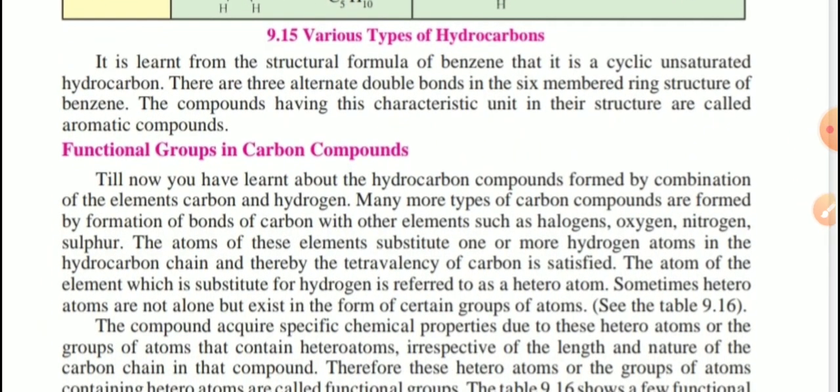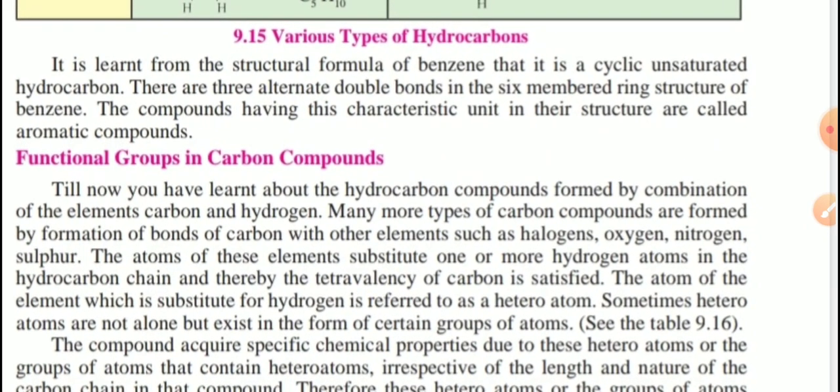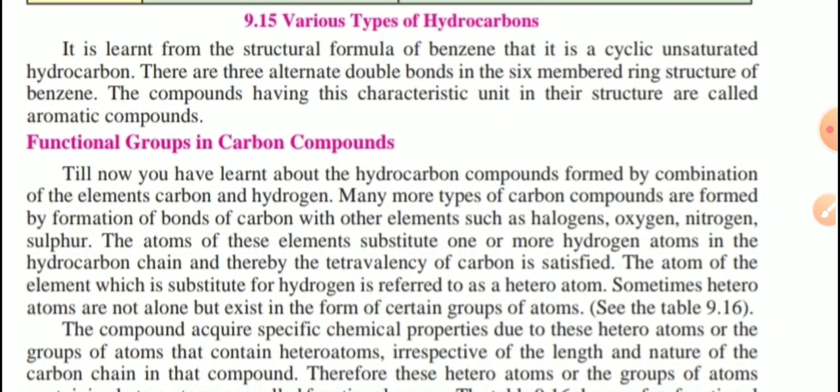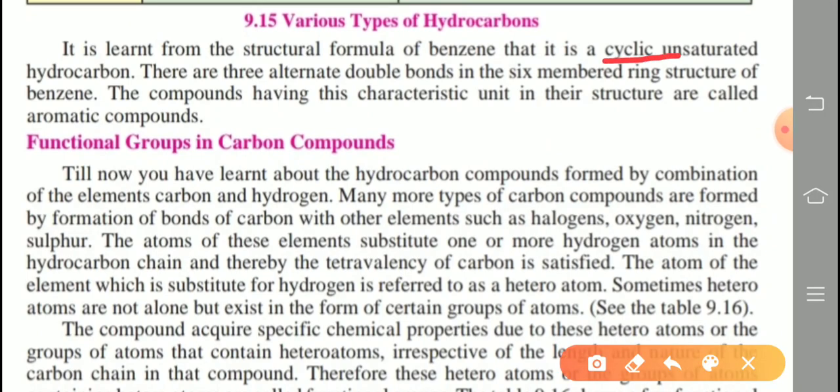Next, it is learned from the structural formula of benzene that it is a cyclic unsaturated hydrocarbon. Why is that called unsaturated? Because a double bond is present, that is called a multiple bond. There are 3 alternate double bonds in the 6-membered ring structure of benzene. So mark here: what defines aromatic compounds?